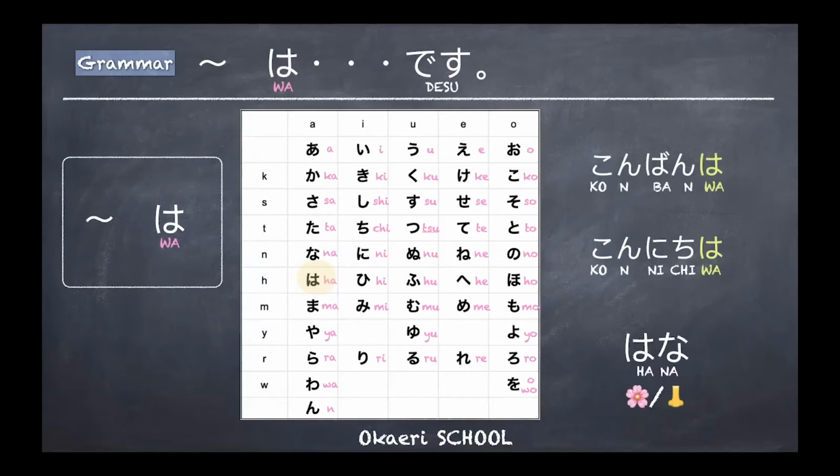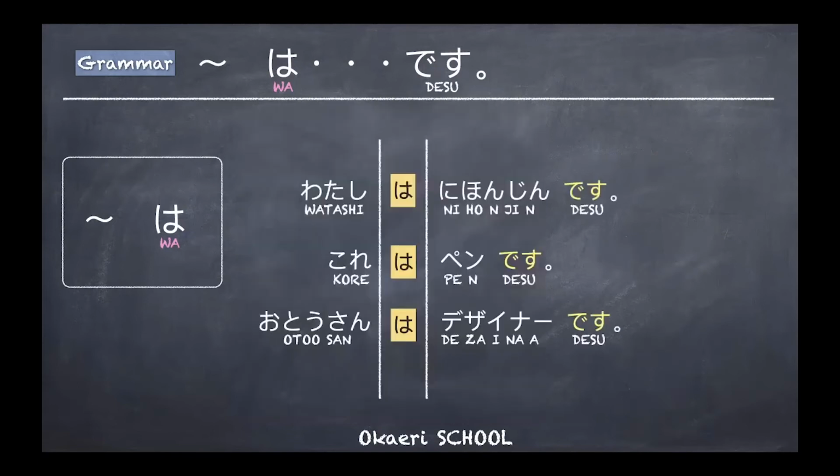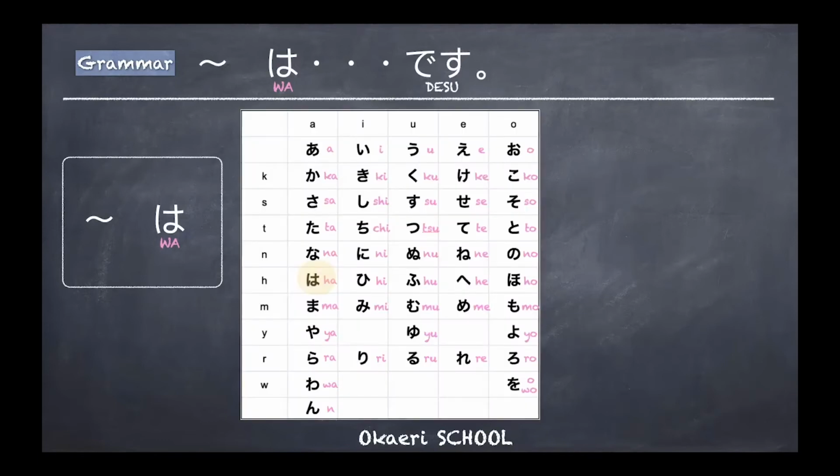Konbanwa, konnichiwa. Well, some say it's based on classical orthography or phonetic ways of pronouncing. Some say it's the same logic as in the normal sentences, watashi wa blah blah blah, where it goes with the following information afterwards.